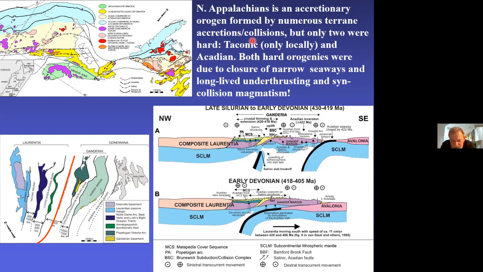And the one element that may have controlled the degree of hard collision is the syn-collision magmatism, both during the Acadian as well as the Taconic in places. It may have weakened the upper plate and may have made it easier to deform.